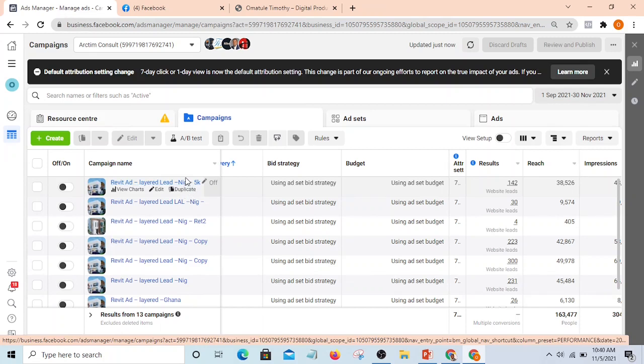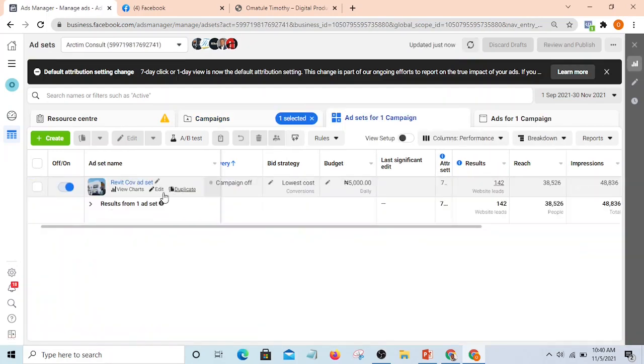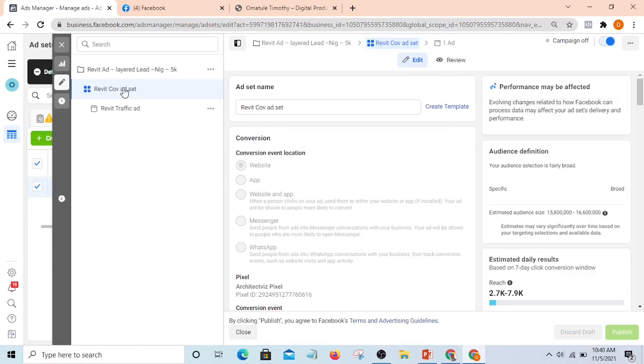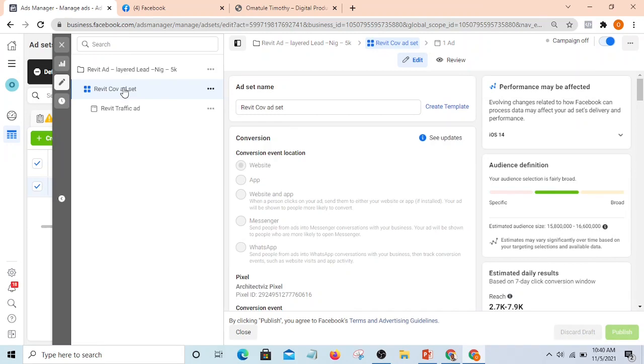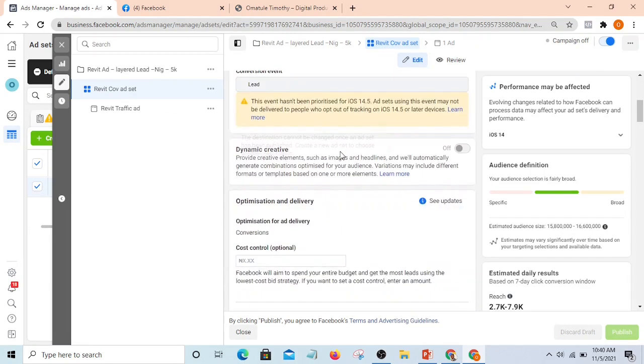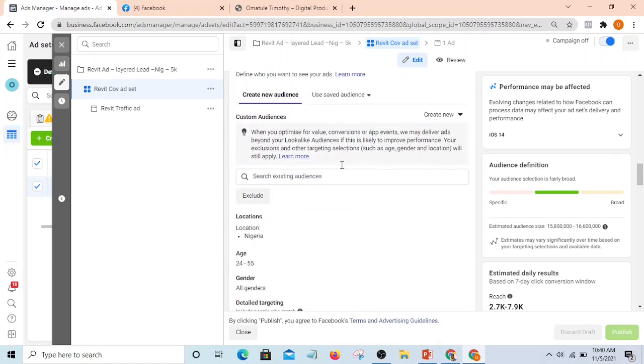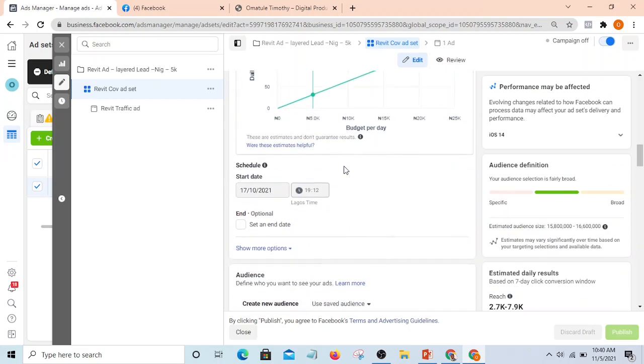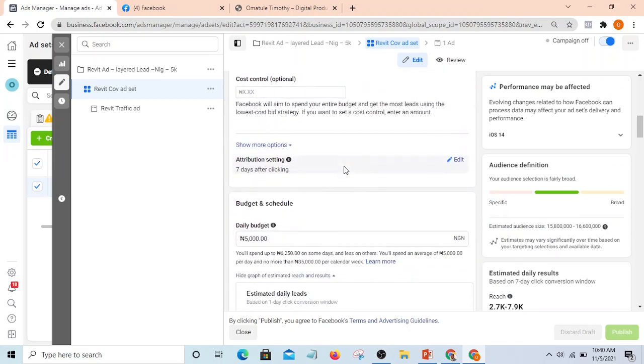That is horizontal scaling. But if I want to go by vertical scaling, instead of duplicating it, I am going to increase the amount I'm spending per day. For instance, I can go to the ad set level and increase the daily budget.